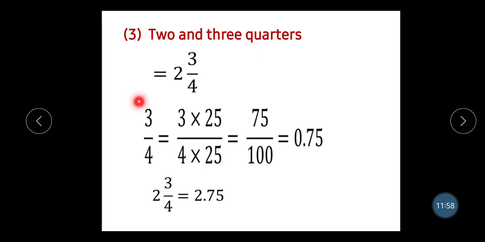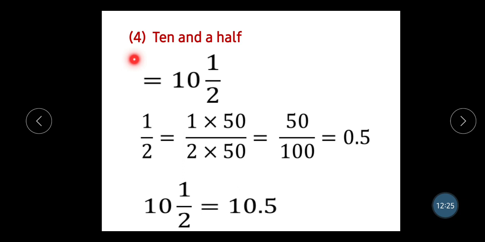So 3/4 is equal to 3 into 25 upon 4 into 25. That is equal to 75 upon 100. That is equal to 0.75. Now 2 plus 0.75 we will get 2.75. So 2, 3/4 is equal to 2.75 in decimal form.